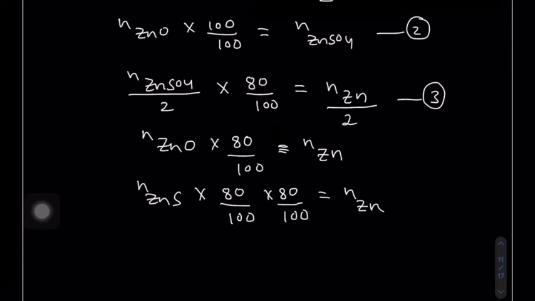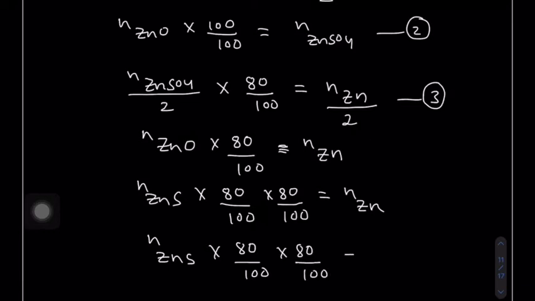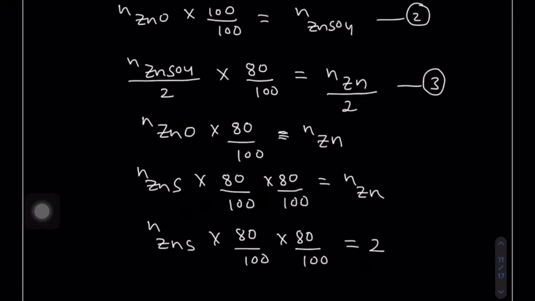Now what is the number of moles of zinc given to you? 2 moles. So I am calculating the number of moles of zinc sulfide, 80% here into 80% here. Number of moles of zinc given in the question is 2.